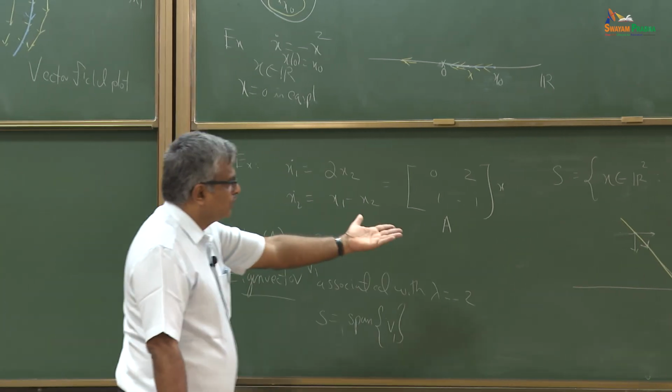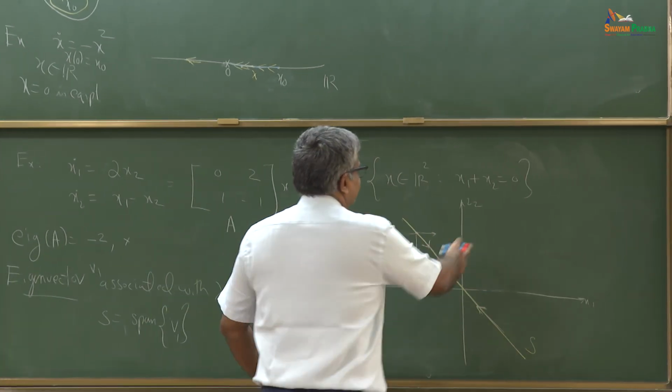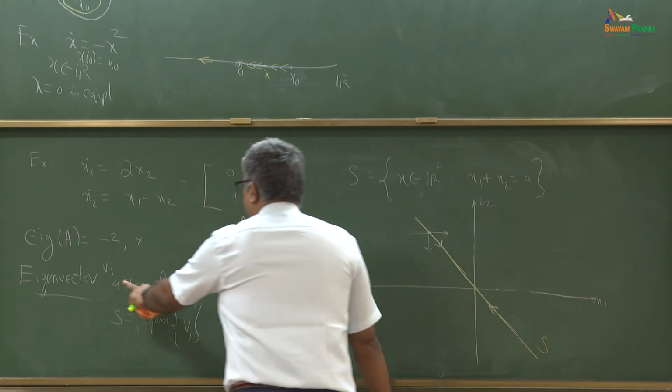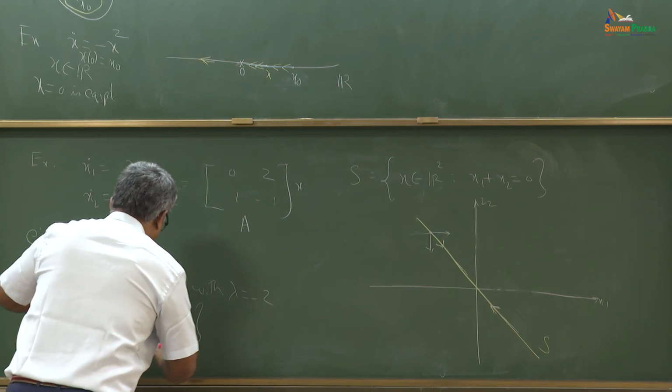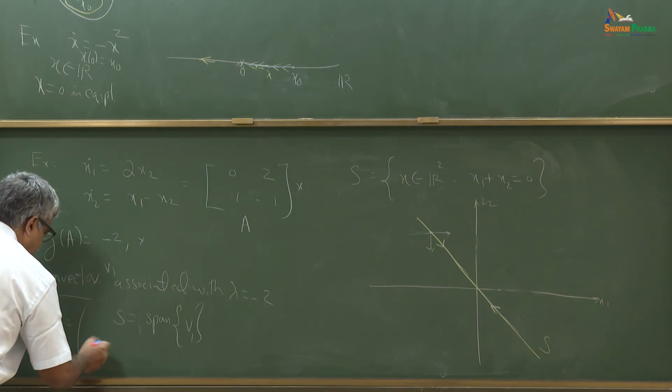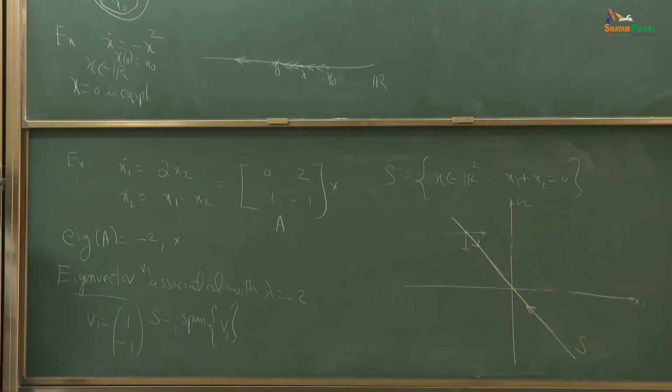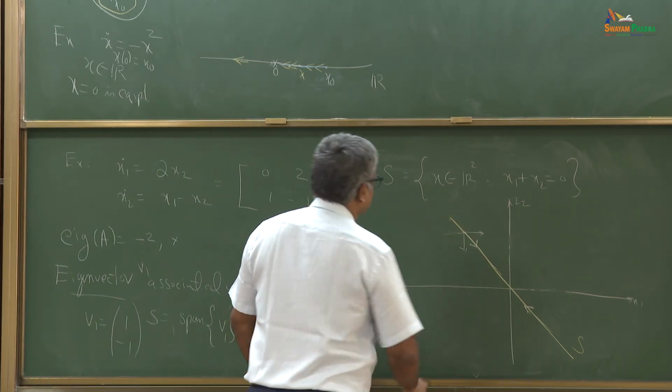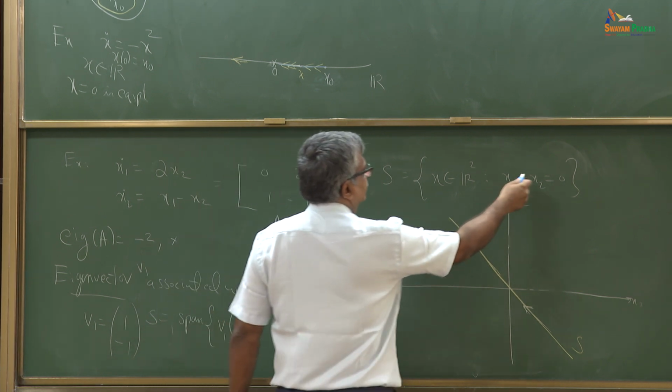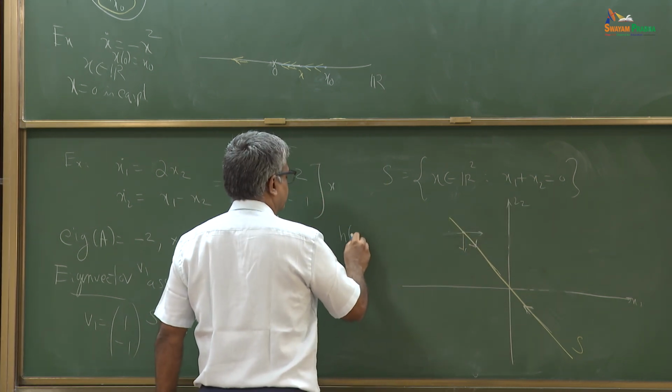So how do we show this explicitly? Well, this is nothing but this eigenvector v1, because this eigenvector v1 happens to be, if you normalize, 1, minus 1. So let us do that. Let me call this function some h.